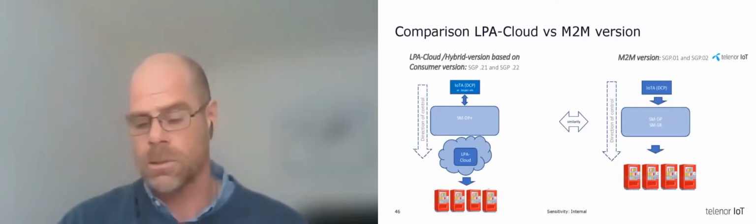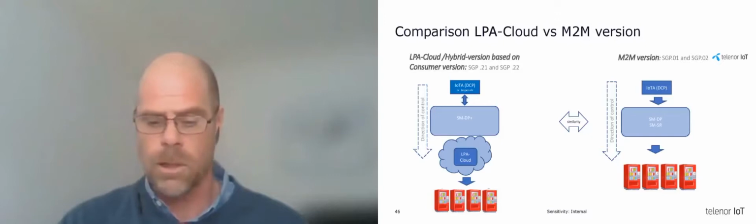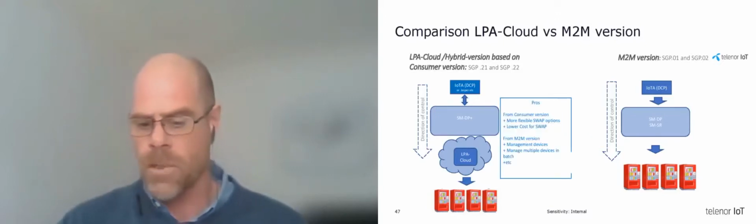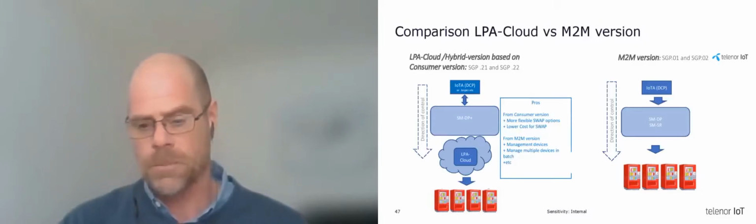We have the direction of control. We have the possibility to manage several devices at the same time. And we also merge the pros from the consumer standard and the M2M standard into a potential new standard.